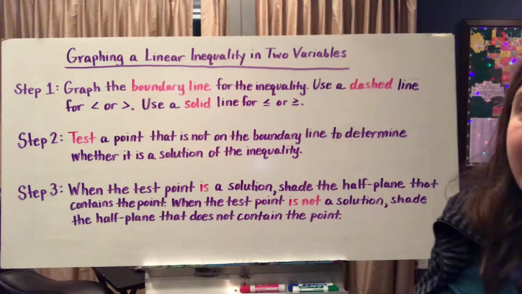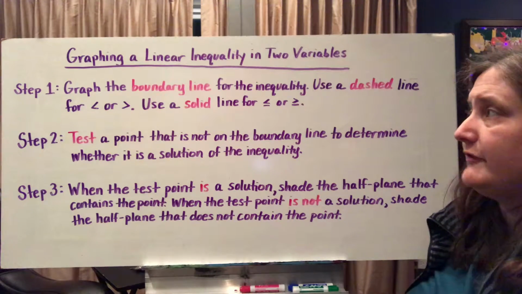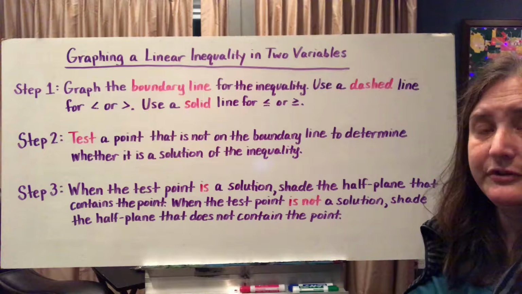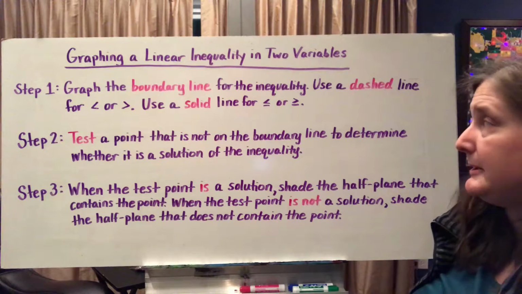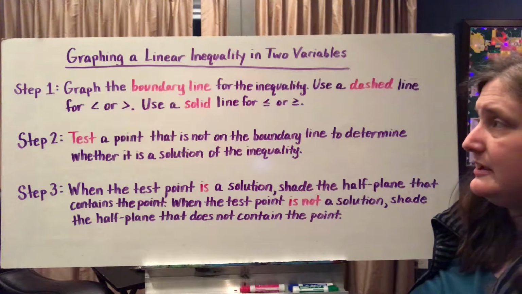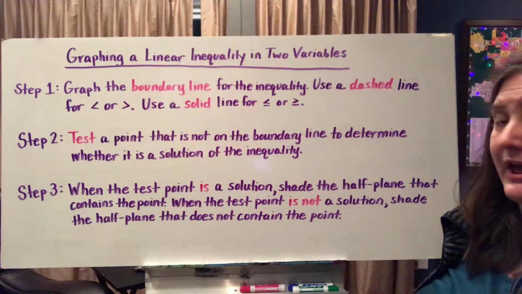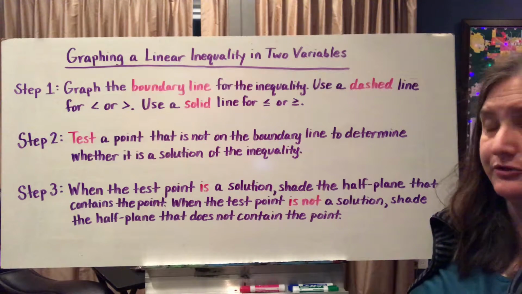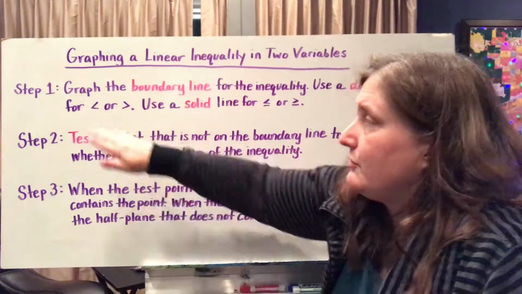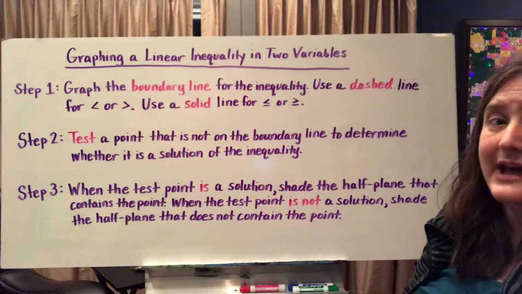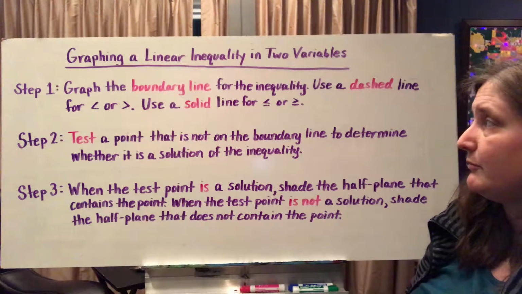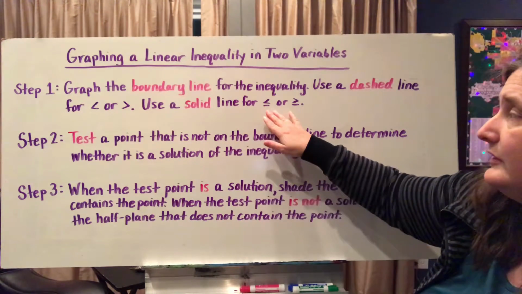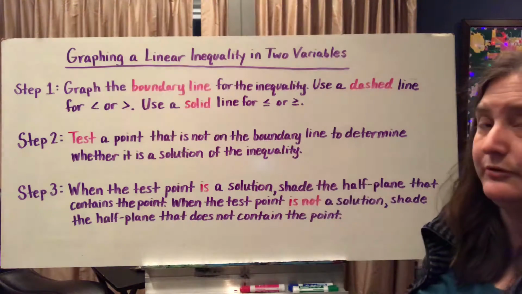When we're graphing a linear inequality in two variables, the first thing we have to do is figure out where the boundary line is going to be. If we are using a dashed line for our boundary line, we'll have a less than or a greater than sign. But if we use a solid line, we're saying anything on that line can be a solution. So we're using a solid line for less than or equal to or greater than or equal to.